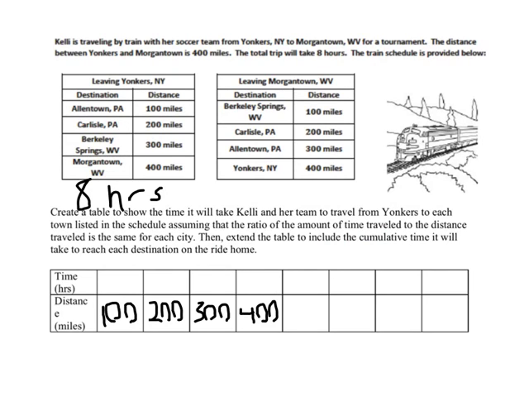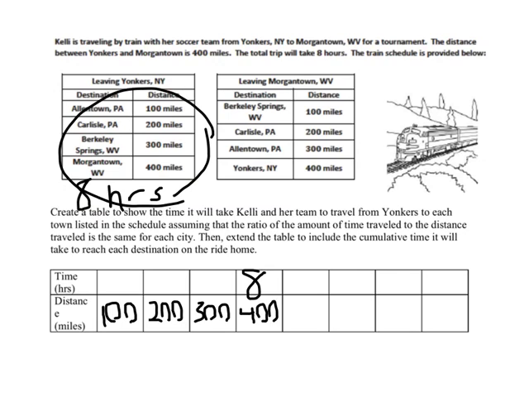Now, if it took us 400 miles in 8 hours, what should go right up here in the time spot over number 4? That's right, we should put 8 hours because that's the total amount of time it took us to travel from Yonkers to Morgantown, 8 hours.